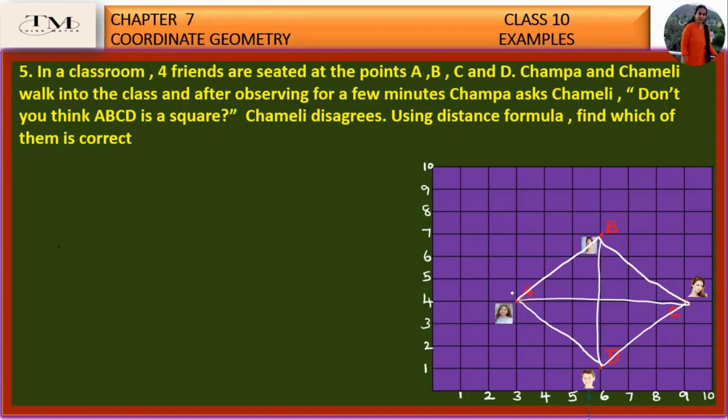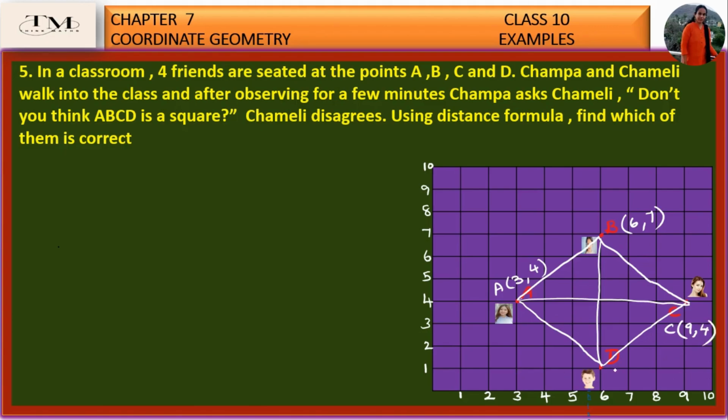So what is the point on A? Point A is straight to 3 in x-axis and straight to 4 in y-axis. So this is 3 comma 4. What is the point on B? B is straight to 6 in x-axis and straight to 7 in y-axis. So B is 6 comma 7. What about C? It is straight to 9 in x-axis and straight to 4 in y-axis.